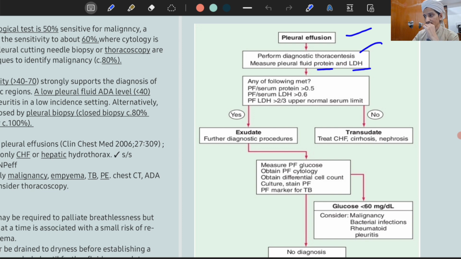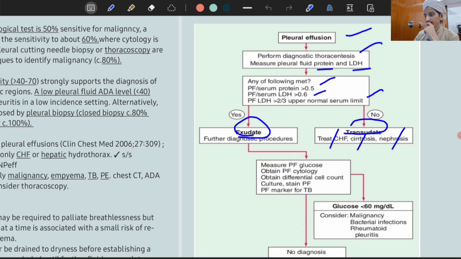If the protein ratio is more than 0.5 or LDH ratio is more than 0.6 or LDH is more than 2/3 of the upper normal serum limit, then it is exudate. If it is not, then it is transudate, and the common causes of transudate are heart, liver and kidney.